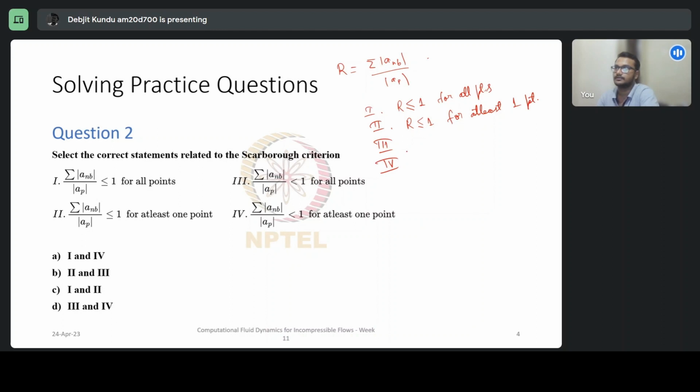Statement 3 would be R exactly less than 1 for all points. And statement 4 says R should be less than 1 for at least 1 point.